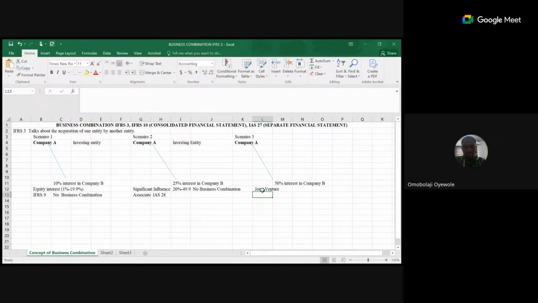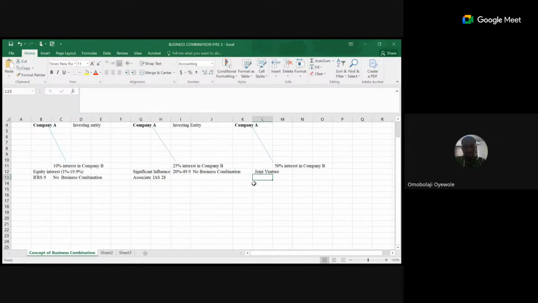Now, joint venture is 50% guaranteed. So the difference between joint venture and associate is that even in joint venture too, there is no business combination, but we have 50% of the interest. So it's a joint venture. It's a venture.